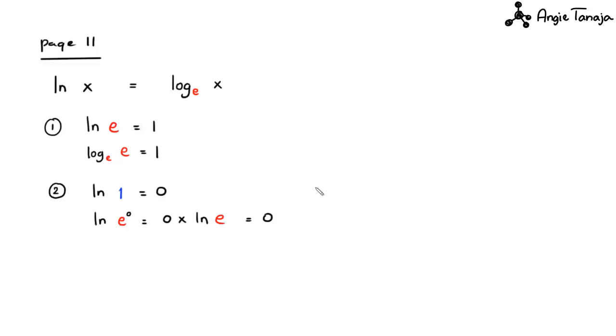And you also have this one. e to the power of ln x will be equivalent to x. As you know from the log, a to the power of log with the base of a of b will be b, right? So it's the same thing. Do you agree?